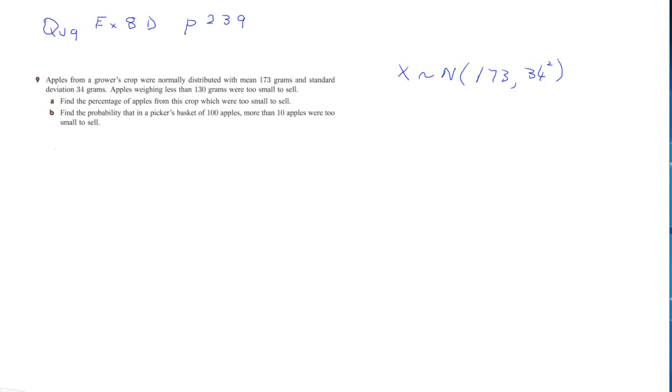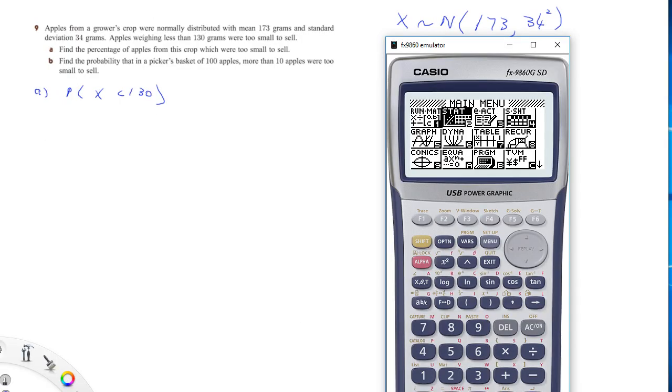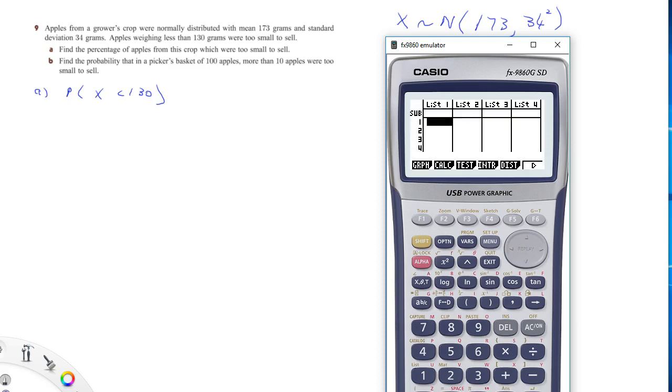So we're asked to find the probability that the characteristic we're looking at, too small, is less than 130 grams. And we know the mean and we know the standard deviation, so we can put it in our calculator. So go to the stats menu. And the distribution is normal.